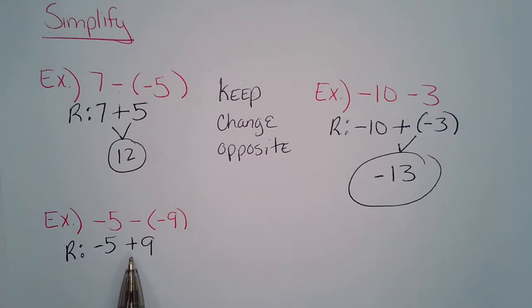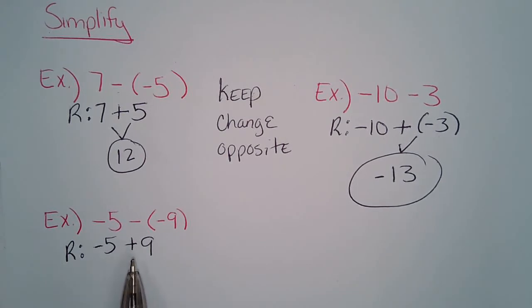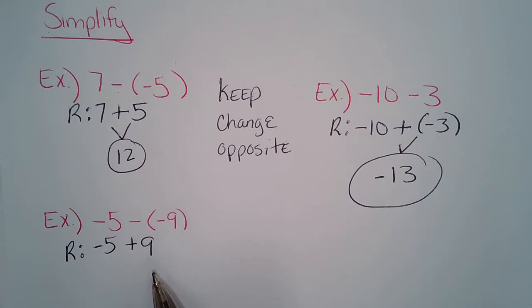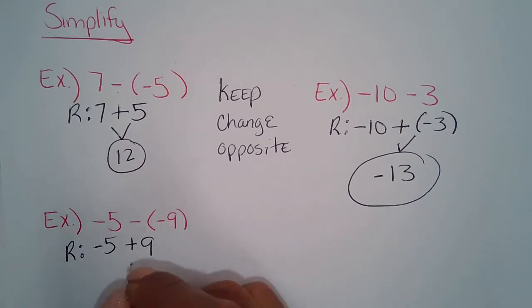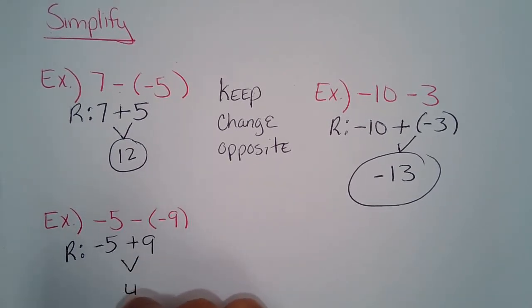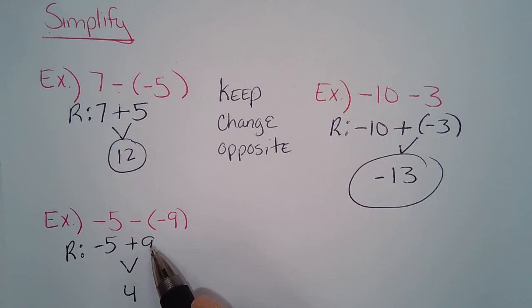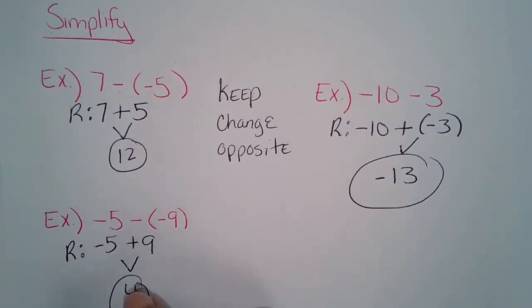In this case, you're adding two integers that have different signs, so you end up having to subtract. So 9 minus 5 gives me 4. And 9 is larger than 5, and it's positive, so my answer is going to stay positive.